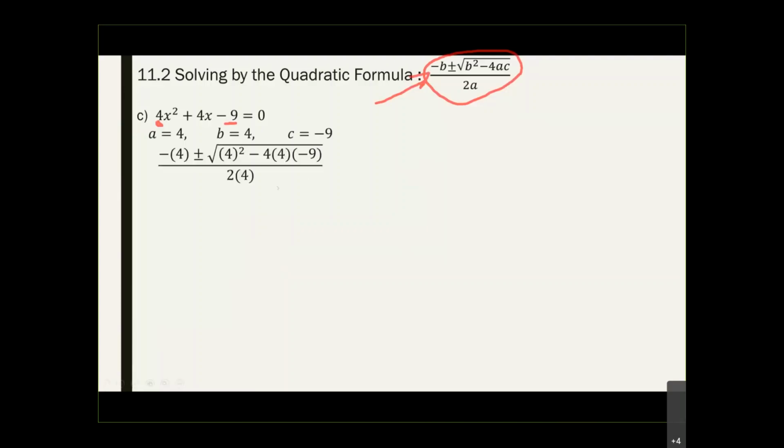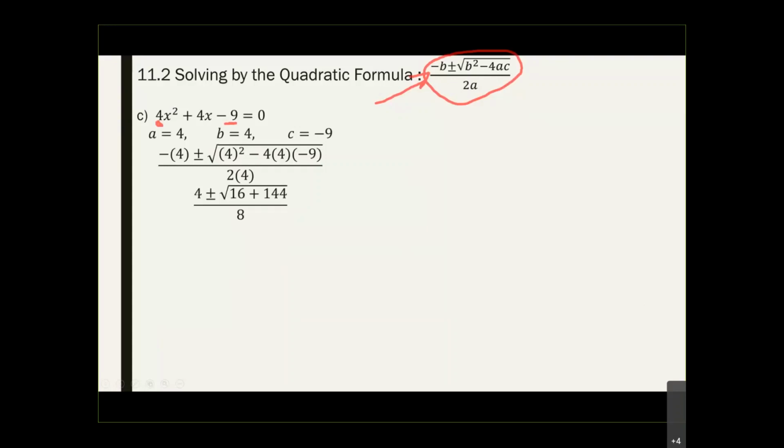So if you plug it in, this is what you should have. Negative B is negative 4, plus or minus the square root of 4 squared minus 4 times 4, which is your A, times negative 9, which is your C, all over 2A, which is 2 times 4.